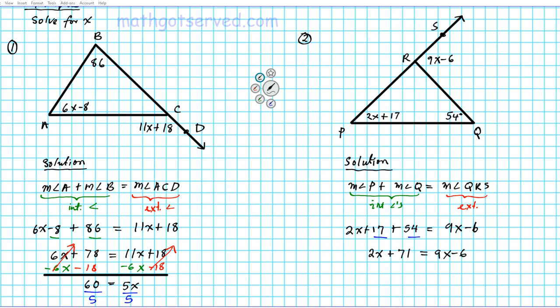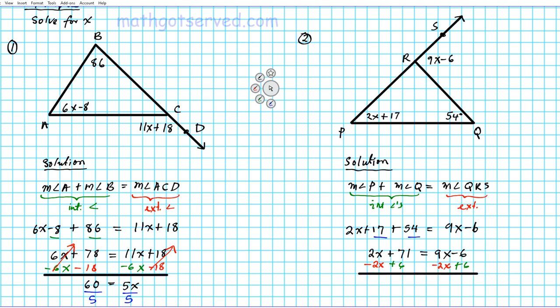All right, now we're going to move all the terms with x's to the right, and then the constants to the left side, okay? So let's go ahead and subtract 2x from both sides. That'll move the variable with the smaller coefficient to the right, and then we're going to go ahead and add 6 to both sides.